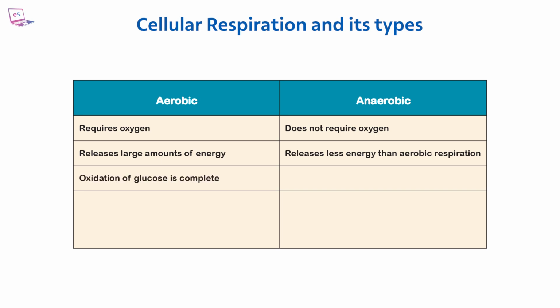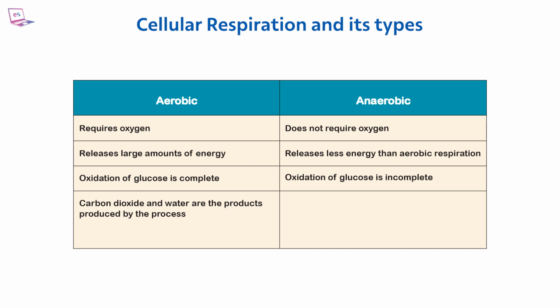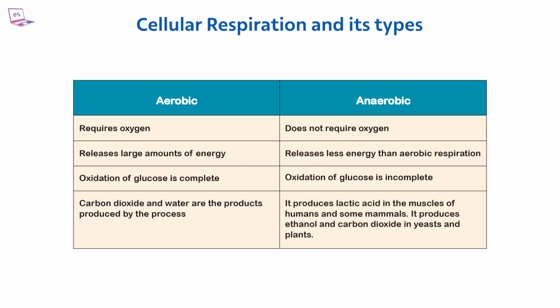Oxidation of glucose is complete in aerobic respiration, whereas in anaerobic oxidation of glucose is incomplete. Finally, aerobic produces carbon dioxide and water as the products, and anaerobic respiration produces lactic acid in the muscles of the humans and some mammals. It produces ethanol and carbon dioxide in yeasts and plants.